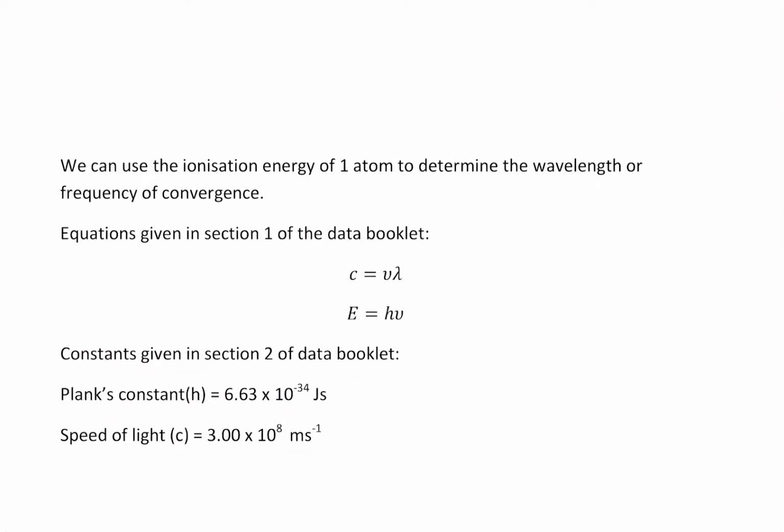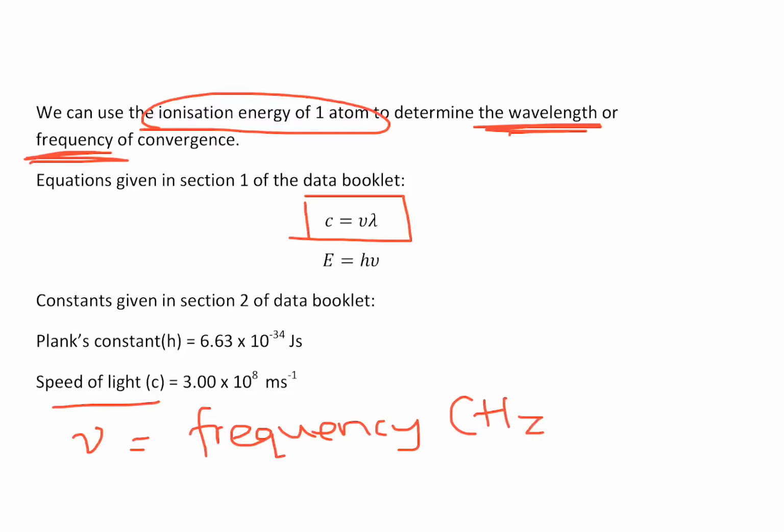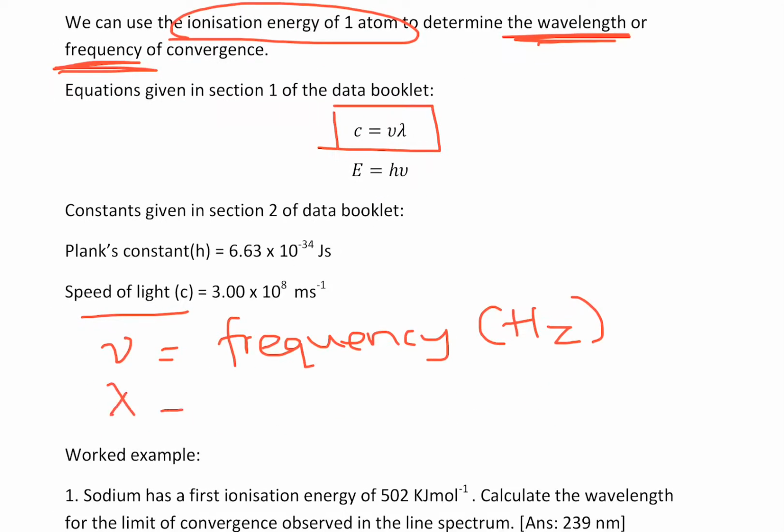Here we can determine the wavelength or frequency of convergence from the first ionization energy of an atom. Use these two equations: c equals v lambda, where c is the speed of light, v is the frequency in hertz, and lambda is the wavelength, given in meters.